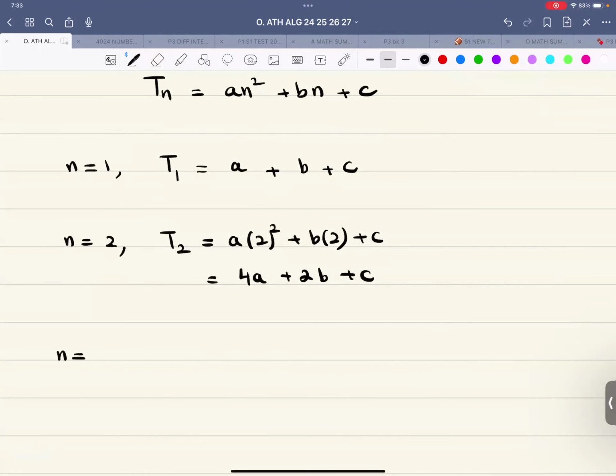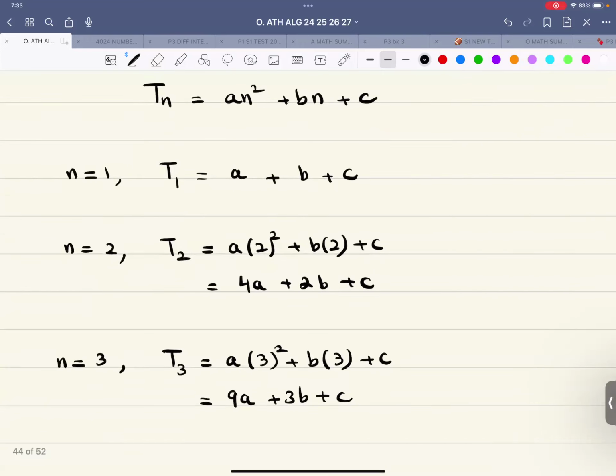If I write n equals 3, T3 is a into 3 squared plus b into 3 plus c, which is 9a plus 3b plus c. And I can create many more terms like this.